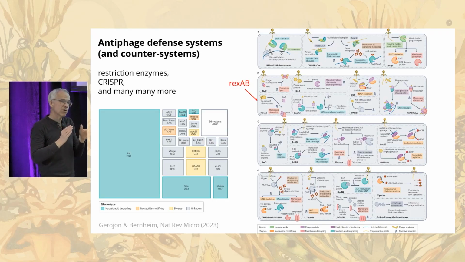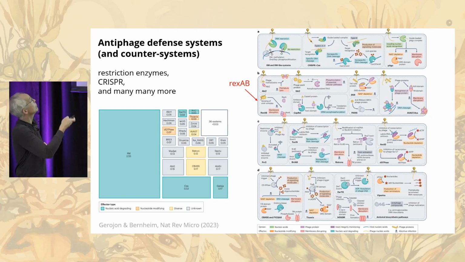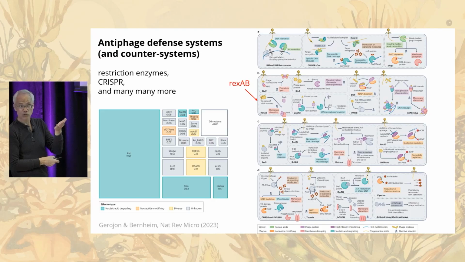So there are now on the order of 200 to 300 known different molecular weaponry systems that bacteria are using to defend themselves against viruses. Some of them are famous. You know about CRISPR. CRISPR is one of these defense systems. CRISPR has now been harnessed for genome editing at scale to treat patients by directly changing bases in their genome that need to be changed.